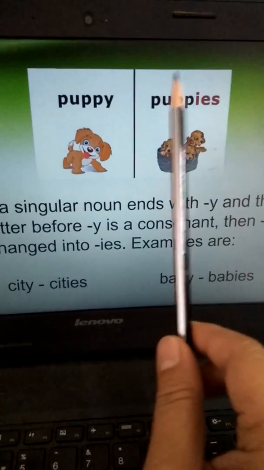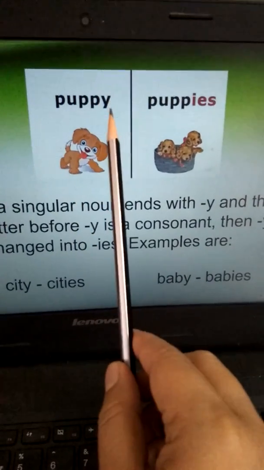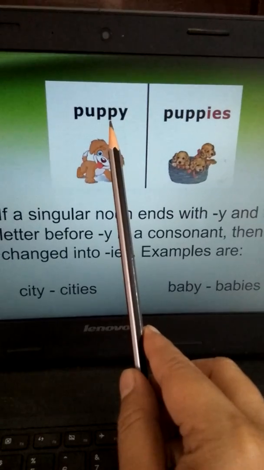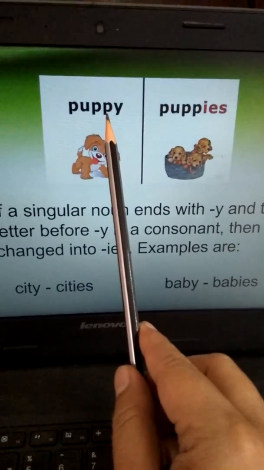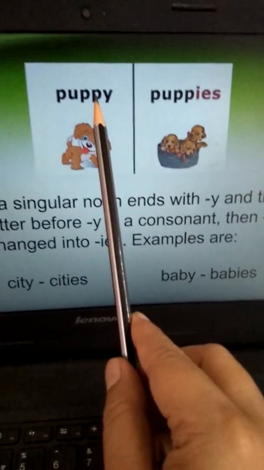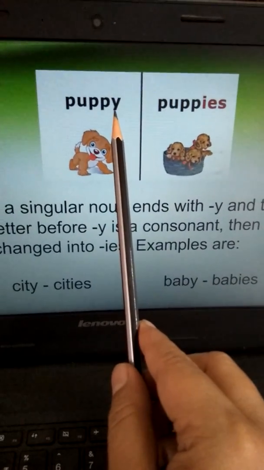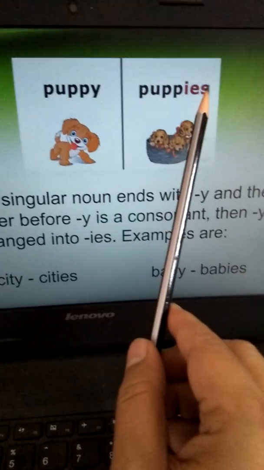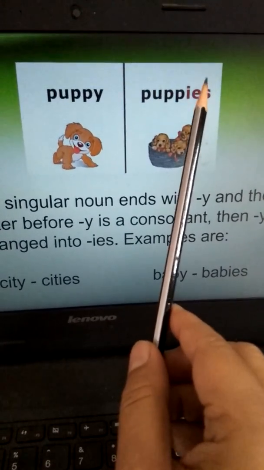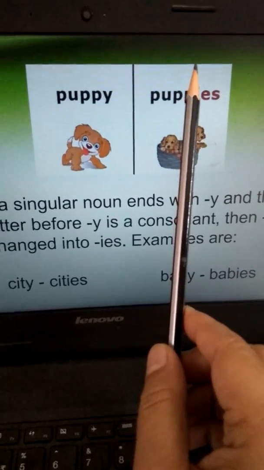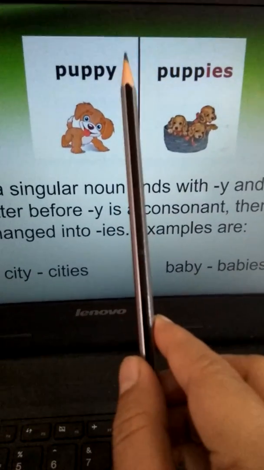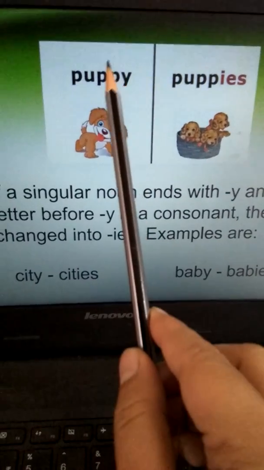Rest all are consonants. So, if a noun ends with Y and the letter before that Y is a consonant, then this Y changes into IES in the plural form. Is it clear? Puppy, puppies.